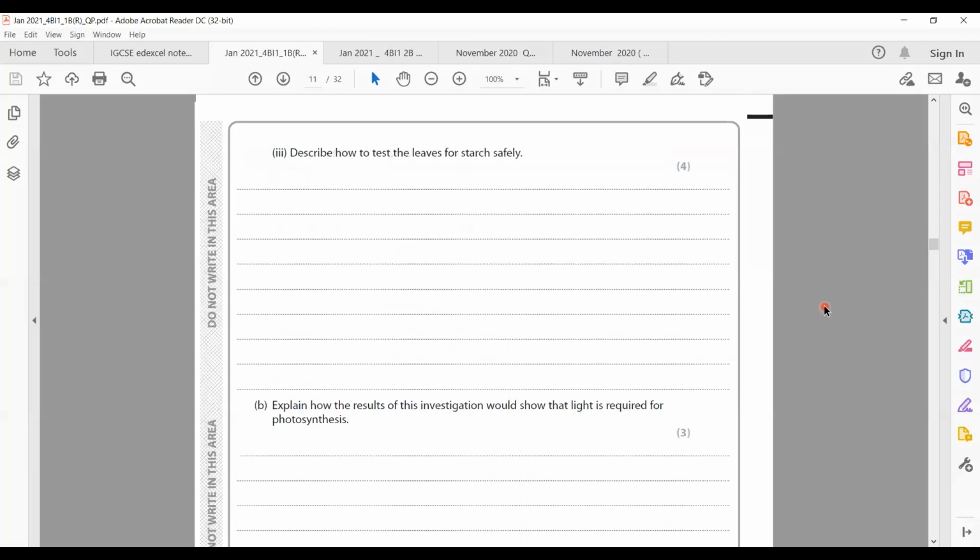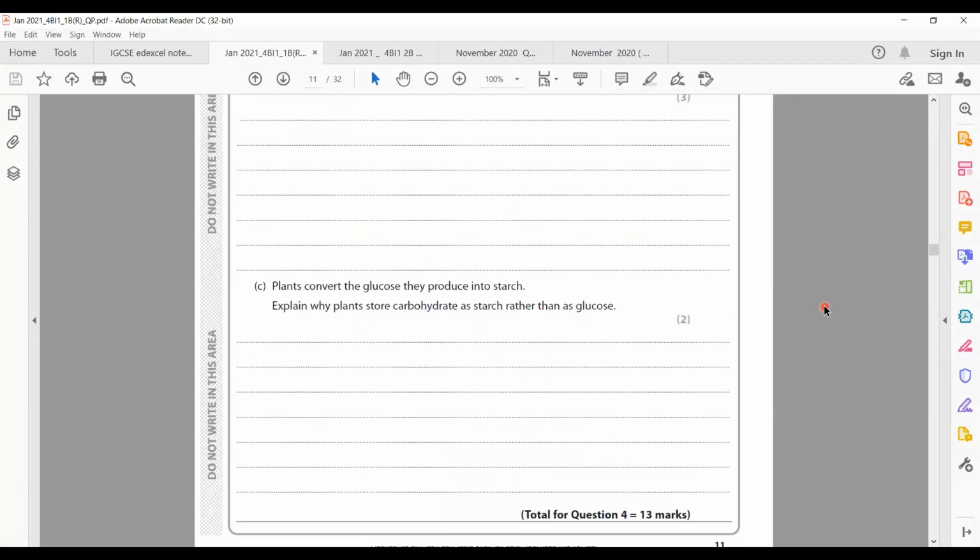Okay, let's go to Selma, number C. Plants convert the glucose they produce into starch. Explain why plants store carbohydrates as starch rather than as glucose.